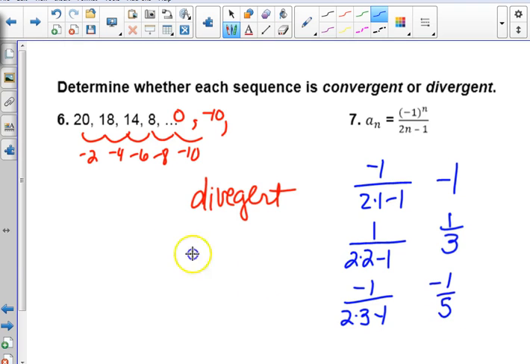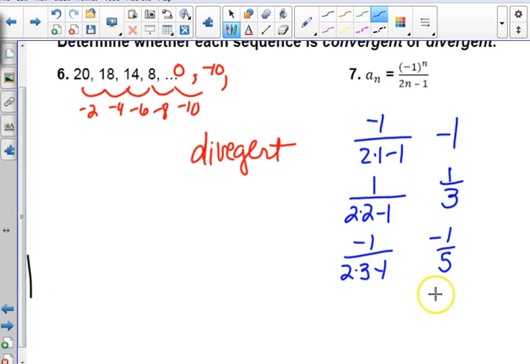If I keep going, it goes positive 1/7, negative 1/9, positive 1/11, negative 1/13. What are you thinking? It goes positive, negative, positive, negative, but it does get closer and closer to 0, right? These numbers are getting incredibly tiny.